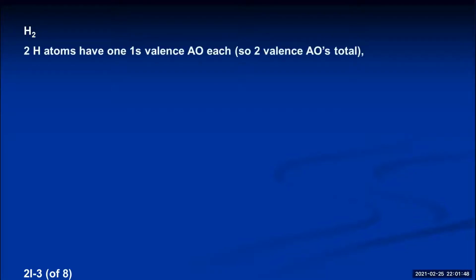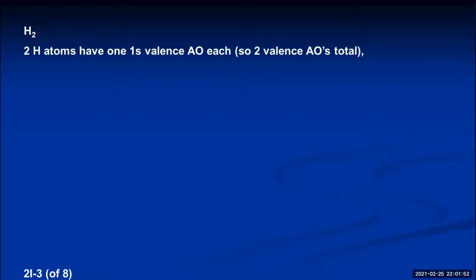With molecular orbital theory, an important concept is that however many atomic orbitals you're starting with tells you how many molecular orbitals you get at the end. Each hydrogen atom has a single valence atomic orbital, the 1s. So there's a 1s from the first atom and a 1s from the second. You're starting with two atomic orbitals. That means when you form the molecule, you're going to have two molecular orbitals.